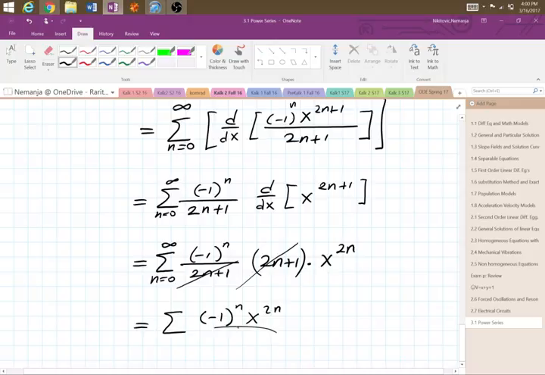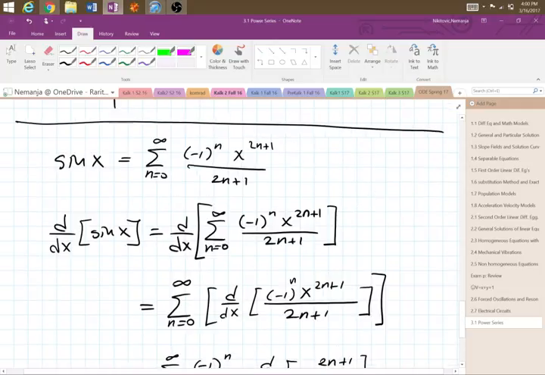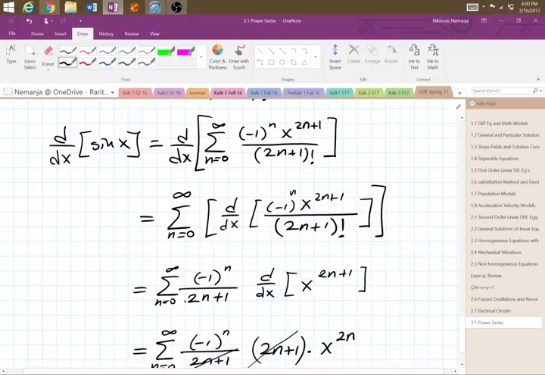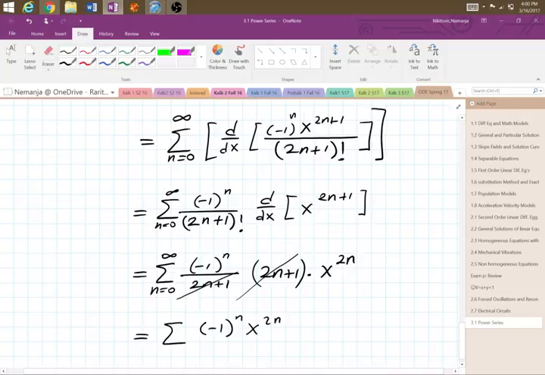And then there is stuff missing here, right? Because in order for this to be cosine, I need it to be divided by 2n factorial. Oh, holy nightmare. I forgot my factorials along the way. There we go.